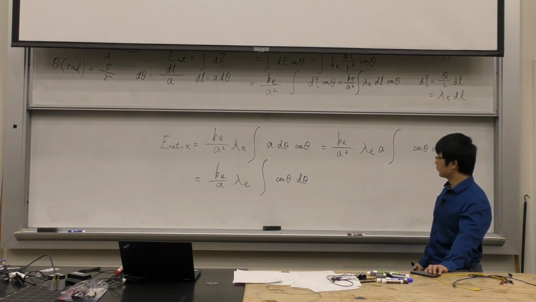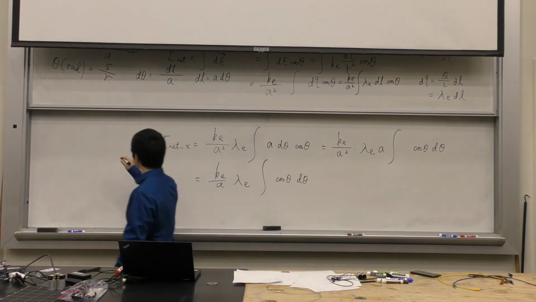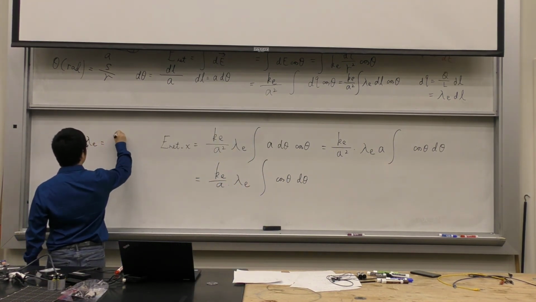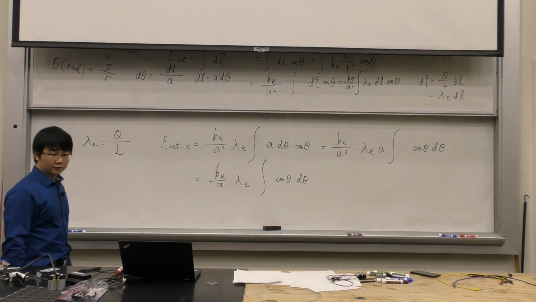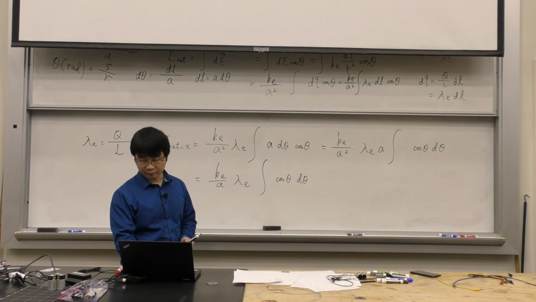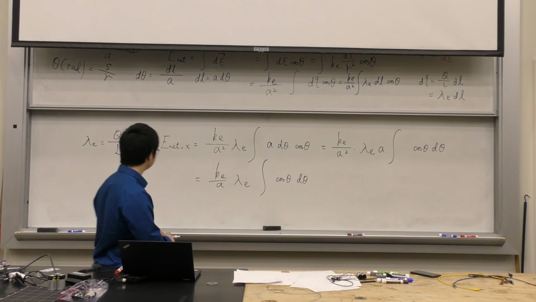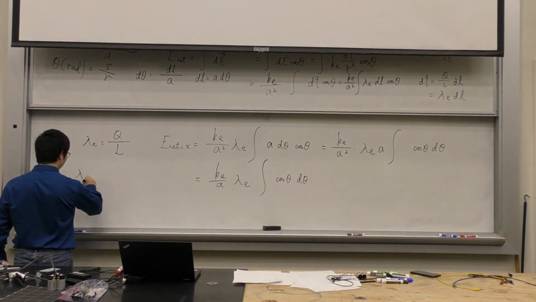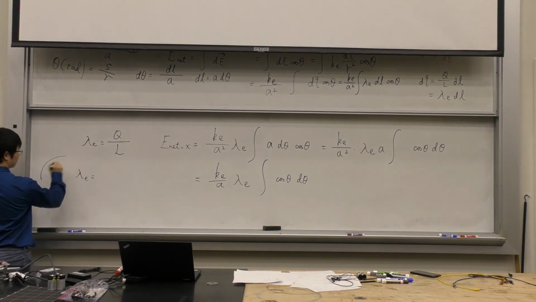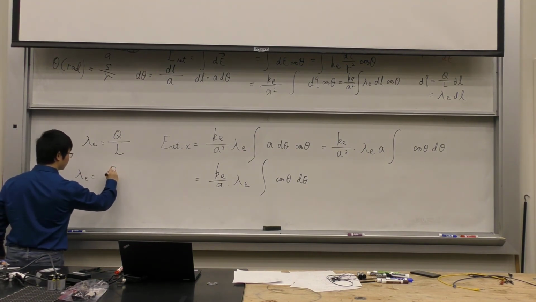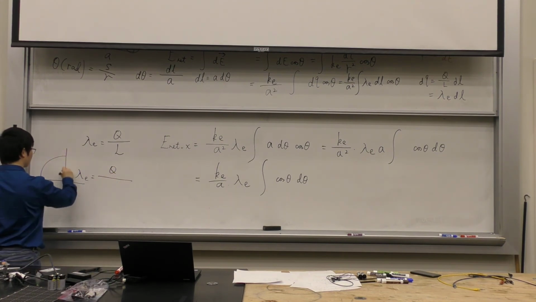So first of all, you need to find lambda. The problem doesn't give you lambda, but remember the definition of lambda_E: total charge divided by total length. The lambda_E is going to be the same in either the left half or the right half. If you pick the left half, the total charge is Q. What is the length of this left half?